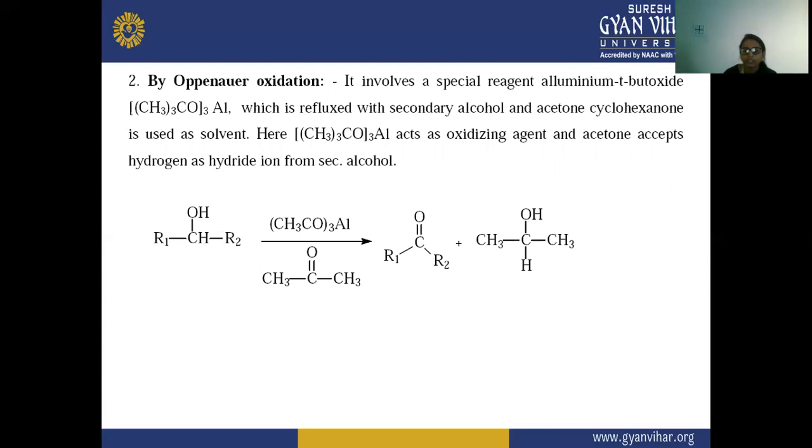You can see the secondary alcohol treated with acetone or cyclohexanone and aluminium tert-butoxide, and there is a formation of the ketone, and an alcohol is also formed here.